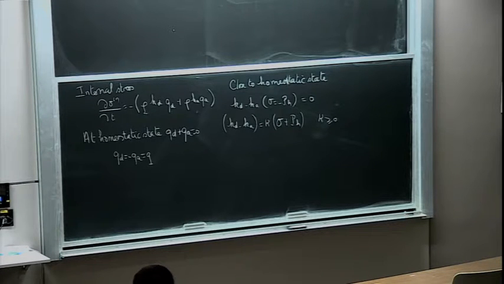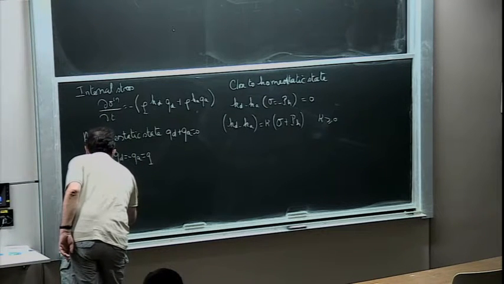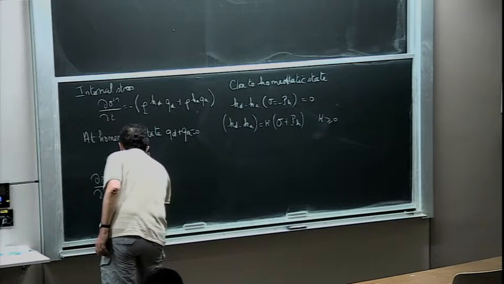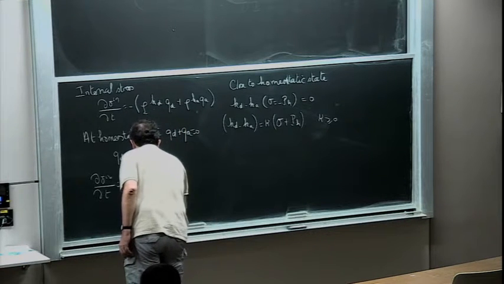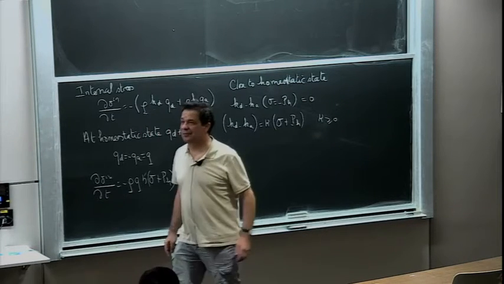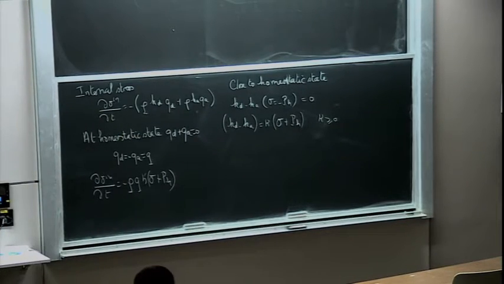What I will do here to make things simple, but I could include it, is assume that this remains true in the vicinity of the homeostatic state. Then I can plug it back into here. d sigma internal dt equals minus rho Q kappa (sigma plus pH). Now I sum this and this, so I have the derivative of the total stress.